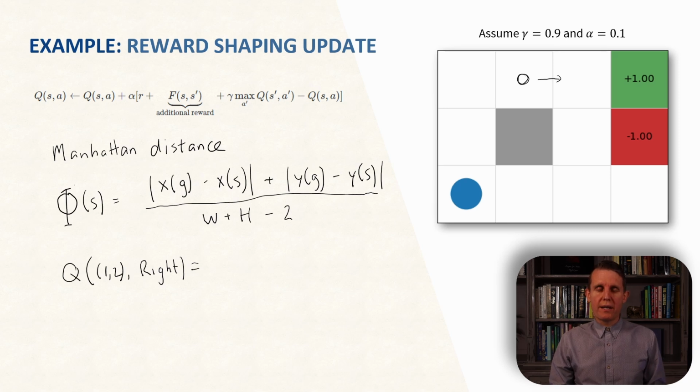First, let's calculate what our value of F will be. If we successfully go right, we end up in 2, 2.